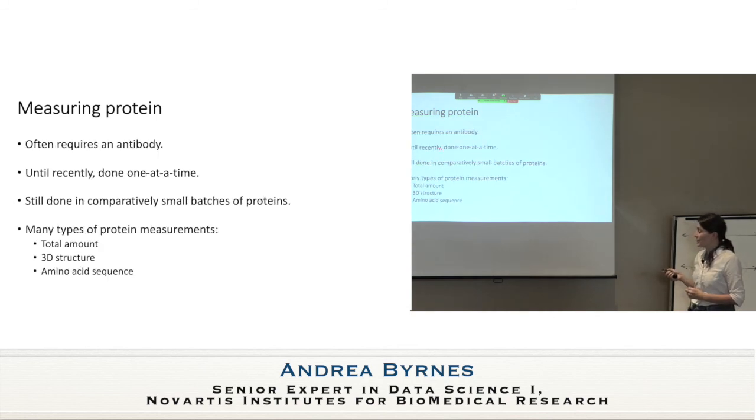Measuring protein in a multiplexed way often requires an antibody, and until relatively recently, this was often done one at a time, where you'd have one protein that you were interested in and a number of samples, and you would run them painstakingly, one protein at a time. This is still done in comparatively small batches of proteins, so many of the modern proteomics panels have thousands of proteins as opposed to all the genes.